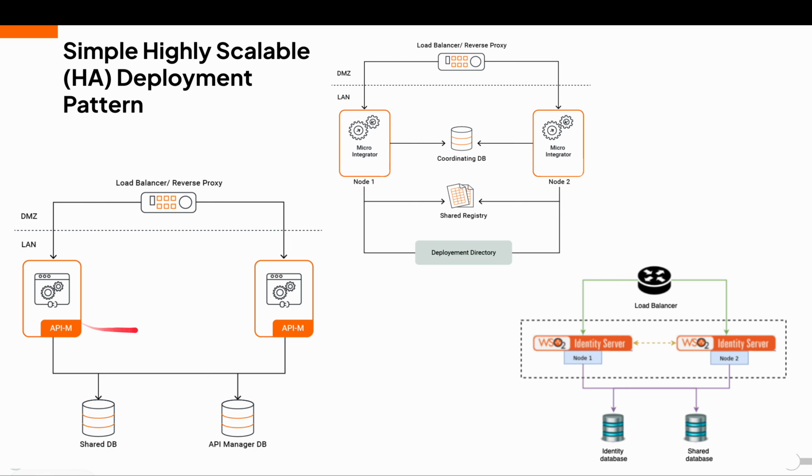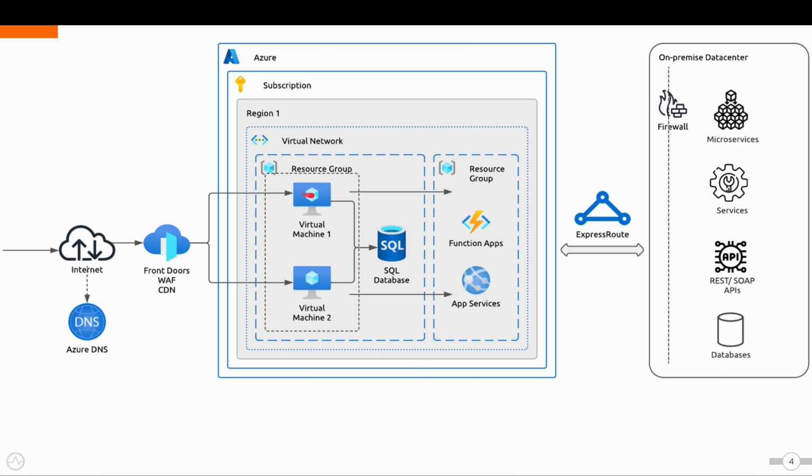So I'm going to use WSO2 API Manager HA, minimum HA deployment as the example, but it will be more or less similar for Micro Integrator and Identity Server as well. So here, as you can see, I have already drawn this picture for you to make it a very quick video without drawing it from scratch.